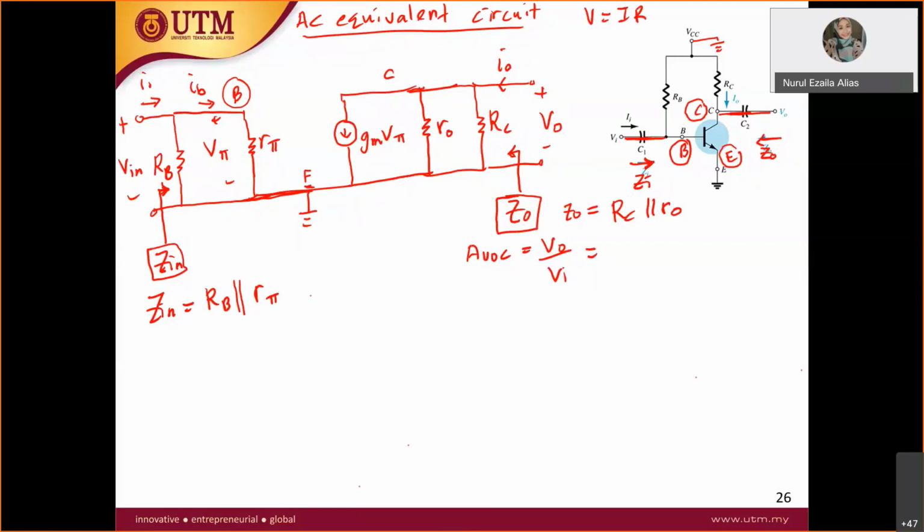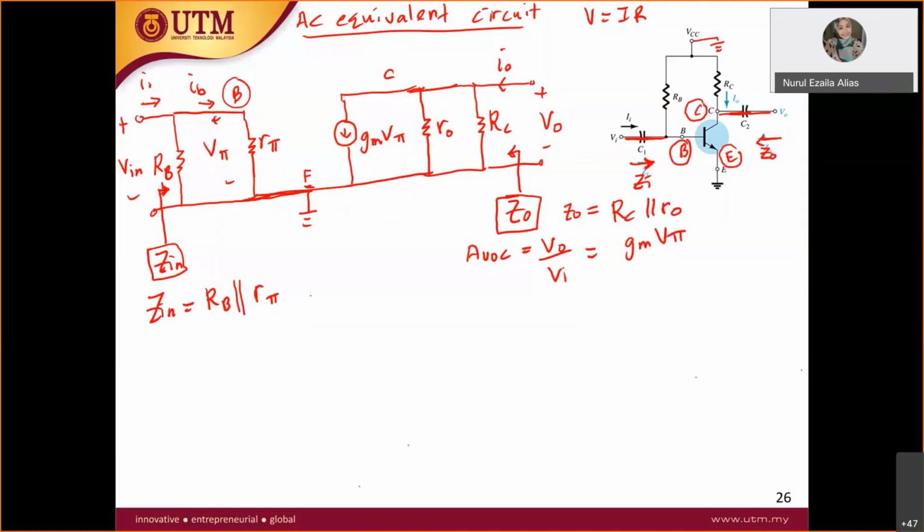The total current at the output is the current source that has been provided here, but this one is in the opposite direction, down. If I didn't draw it like this, you can imagine it, right? Doesn't matter, I cannot erase this. So the total current is actually gm V pi.